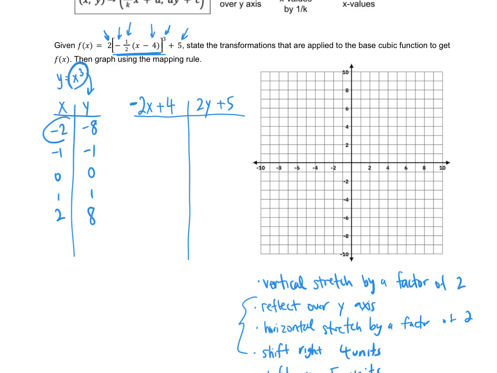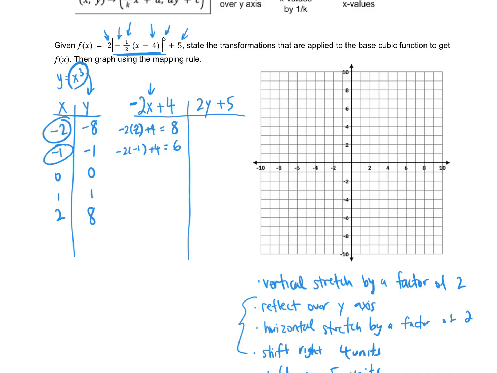So I'm going to start off with this -2, and I'm going to replace the -2 in this x. So it's going to look like this. -2 times -2 plus 4. So that's 4 plus 4, which is 8. I'm just going to do all the x's first. Now I'm going to take the -1. So -2 times -1 plus 4, that's 6.